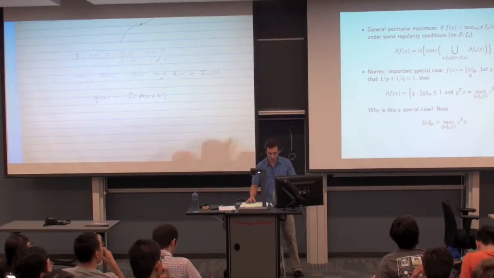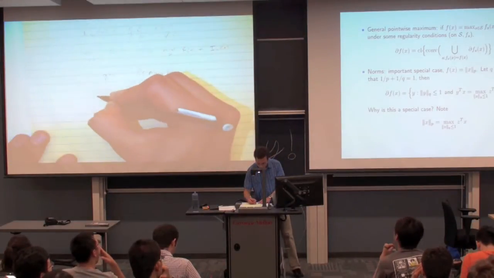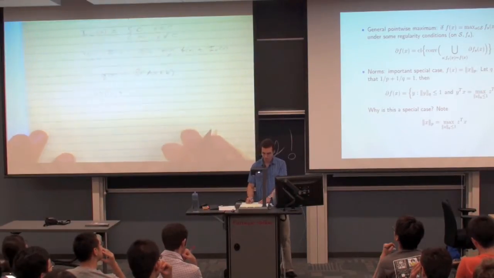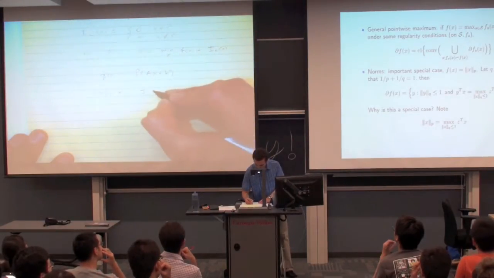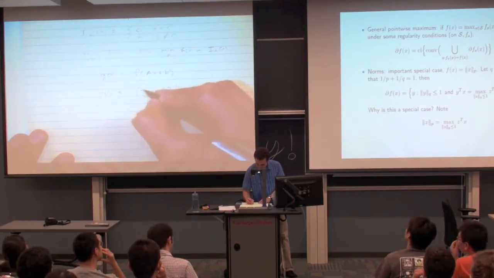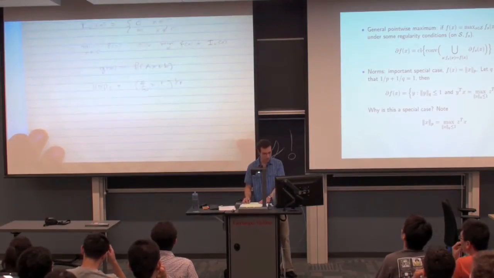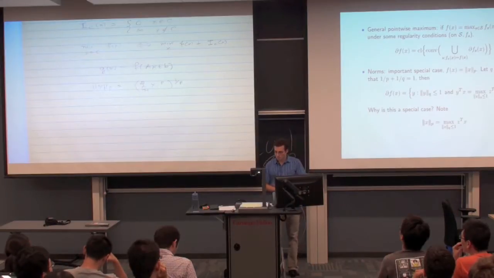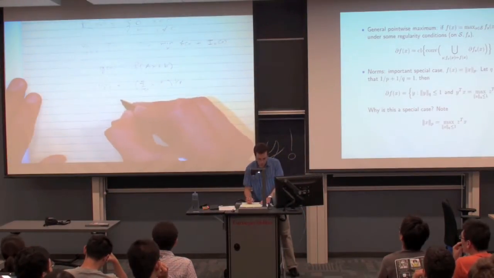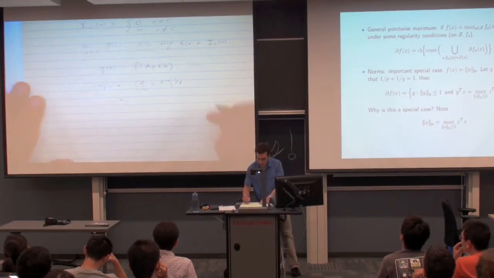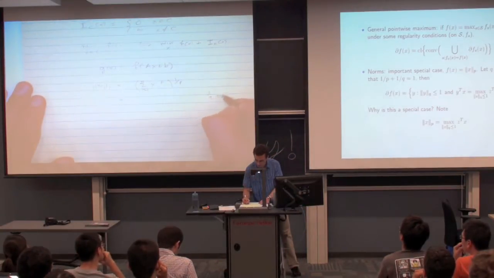So if I look at the Lp norm of x, what is that? That's what happens when I raise every component of x to the p, add them up, and then take the 1 over pth power. I claim that its dual norm is the Lq norm, where 1 over q plus 1 over p equals 1.